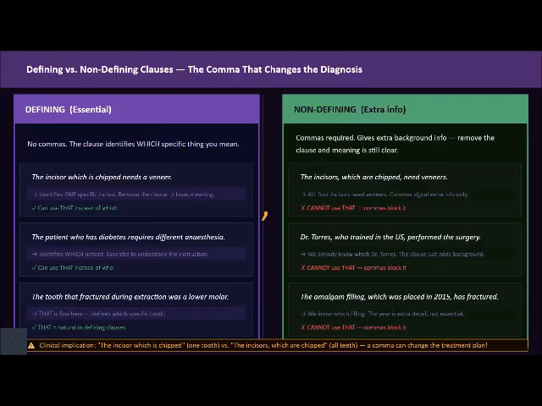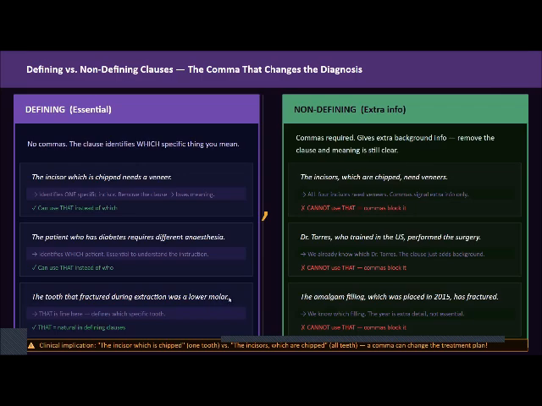All right? Angie. Teacher. All right, let's continue reading. The incisor which is chipped needs a veneer. All right, the patient who has diabetes requires different anesthesia. And the tooth that fractured during extraction was a lower molar.